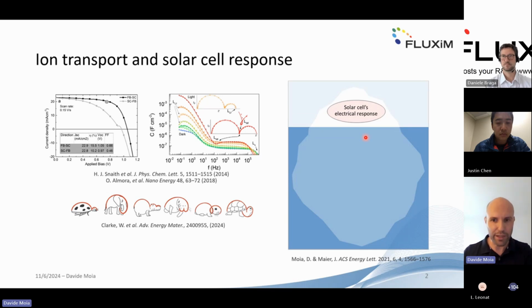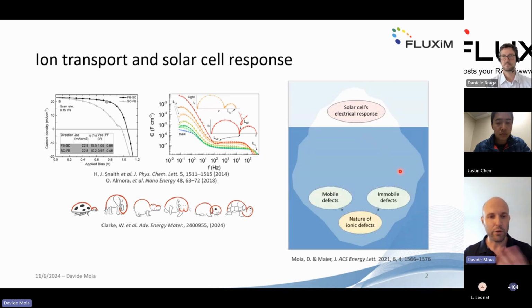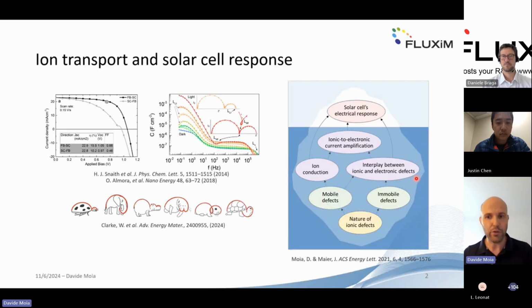The first thing that we need to do is to learn a language to describe these ionic defects, because this will give us the tools to identify those processes that are actually giving rise to the response that we're observing. So in this presentation, I will give you some examples of how we can do this.